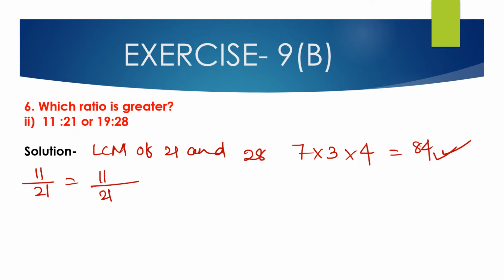We know in the table of 21, 21 multiplied by 4 is 84. So we have to multiply the same number 4 with the antecedent 11 also. So 11 multiplied by 4 is 44, divided by 21 multiplied by 4 is 84. Now 44 divided by 84 is the equivalent ratio of 11 is to 21.